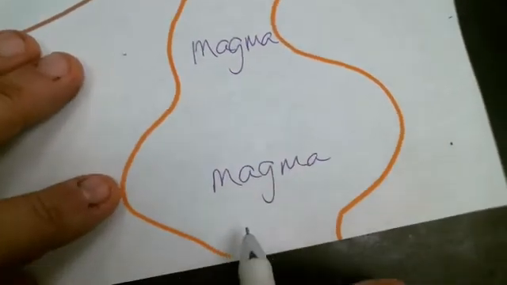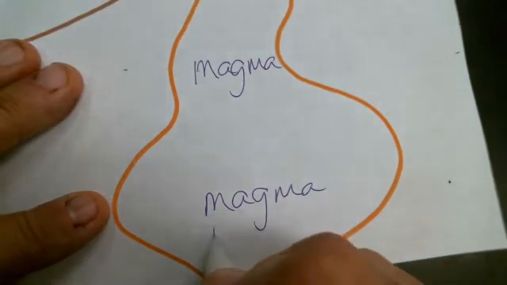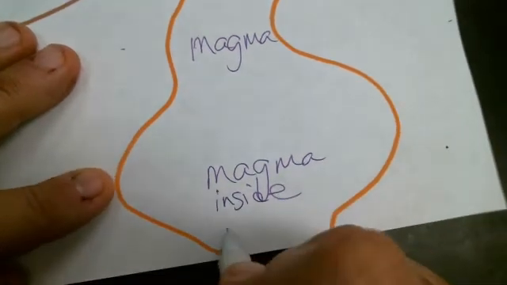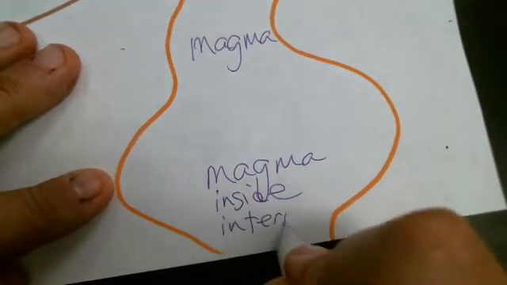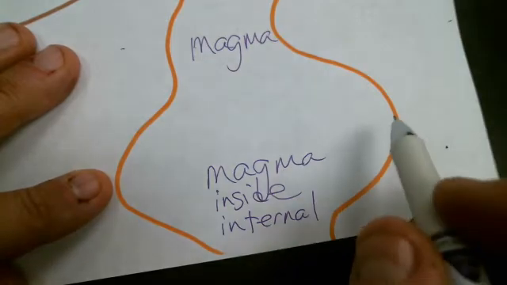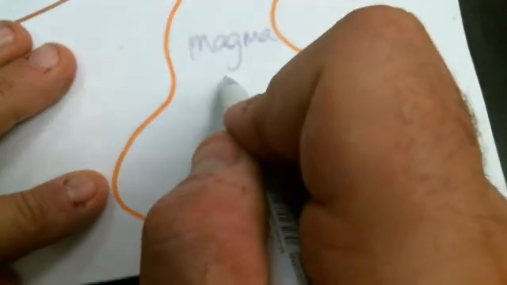So down here at the bottom, your last magma, your bottom magma, I want you to put inside. In other words, it is internal to the earth. And so when this magma cools, it is going to cool and form intrusive igneous rocks.